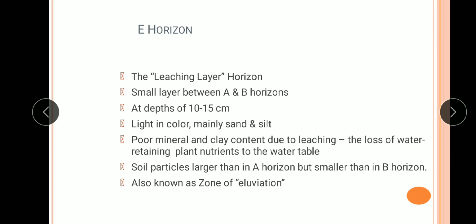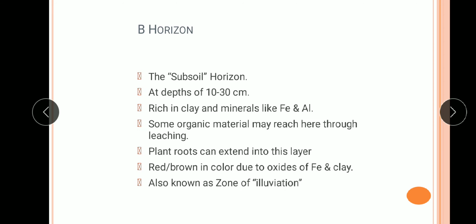It is poor in minerals and clay content due to leaching, the loss of water-retaining plant nutrients to the water table. The soil particles are larger than the A horizon but smaller than the B horizon. It is also known as the zone of eluviation.